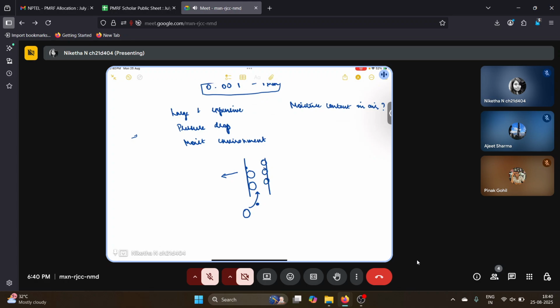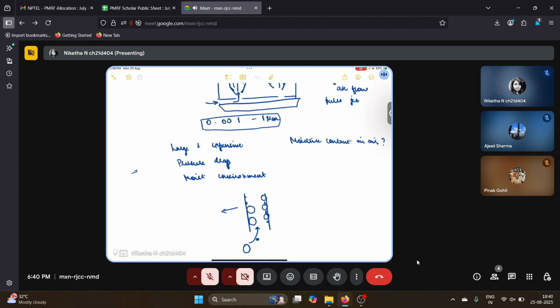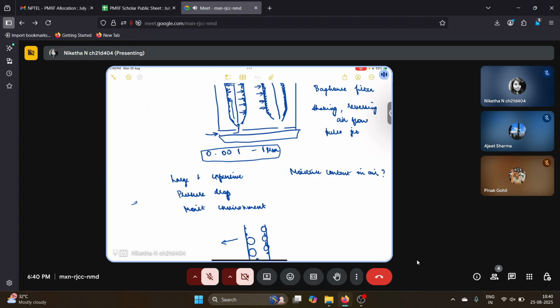So there are very few pores left to be used for trapping the particulates. If most of them are occupied by water, that creates non-usability. Unless we evaporate the water or do frequent shaking, we won't be able to use the filter for its entire capacity. So that is why, if we are using fabric filters, we need to ensure that the air to be treated is moisture free.